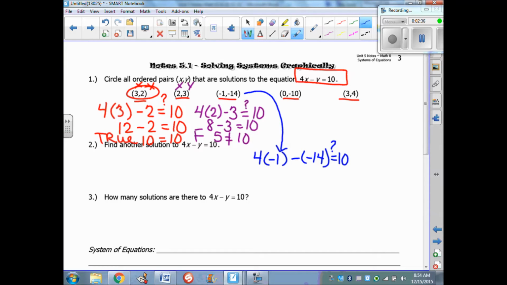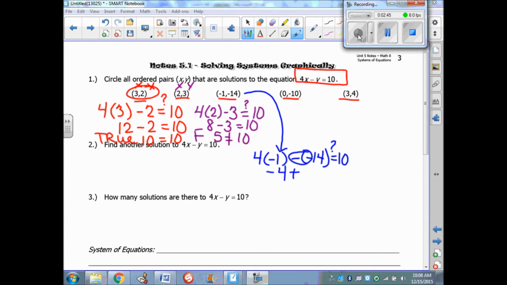So 4 times -1 is -4. Negative, negative, that's going to become a positive. So I continue on: -4 plus 14. Does that equal 10? Yes, so that equals 10, so that's true. So that's a solution.